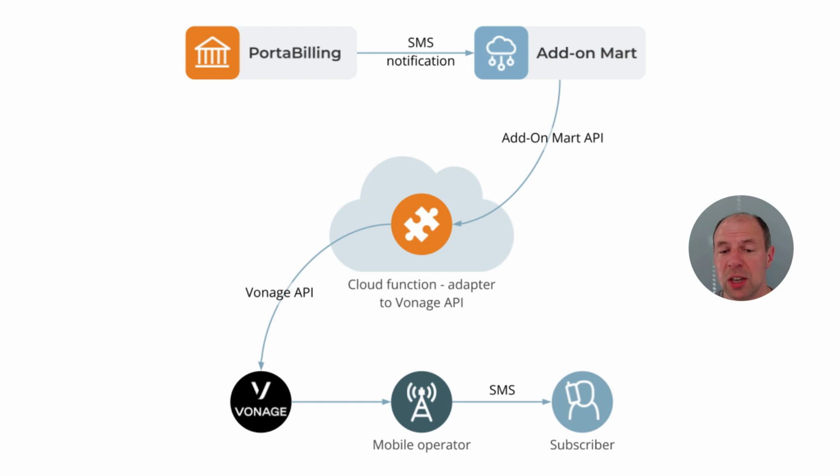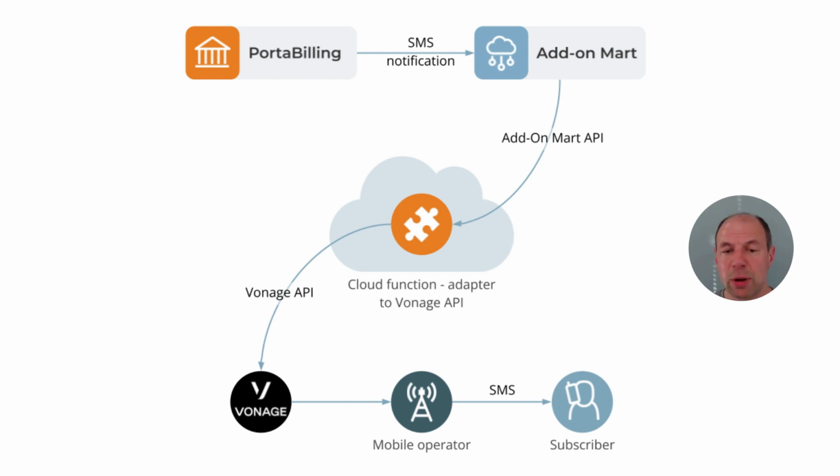And the idea is, in order to connect to Vonage, which uses a proprietary API, or Infobip, or Telnyx, or any other provider, they all use slightly different APIs. So we need some duct tape or glue to hold it together. And that's going to be our adapter, our cloud function, which will receive a message or send message request via the API of Add-on Mart.